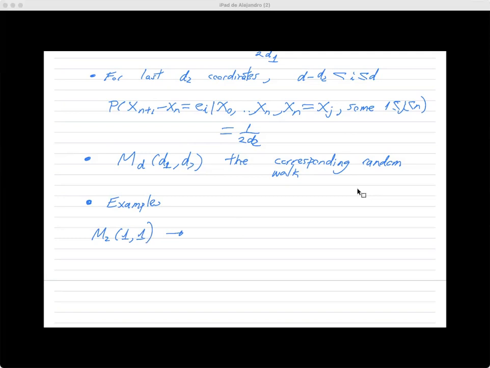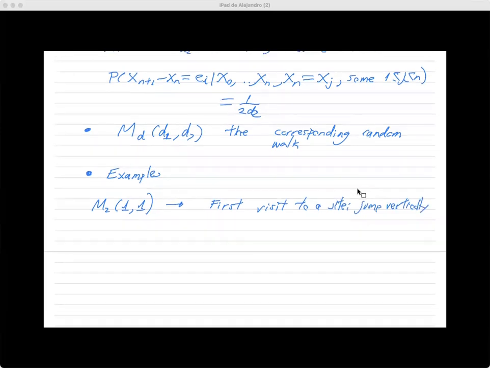If you call the vertical coordinate the first one, the rule is that when I visit a site for the first time, I jump vertically, with probability 1/2 up or down, and for the second and later visits, I jump horizontally.